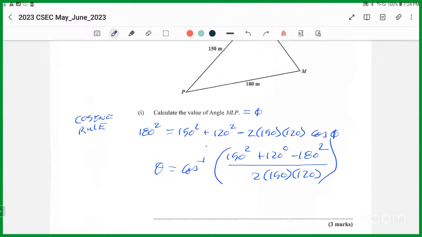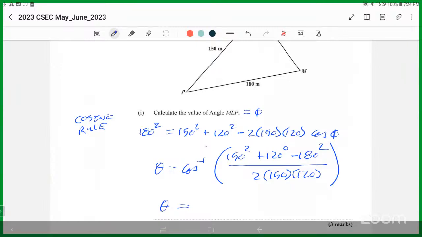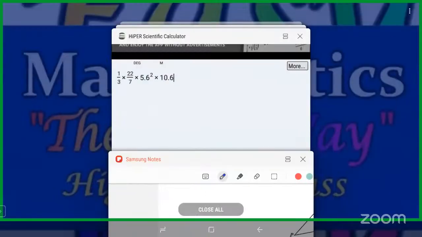You have to be able to do this transposition in one step. They don't give you a lot of space to be doing a lot of different lines, so you have to practice it and be able to do it quickly. You've got to use the calculator on it.